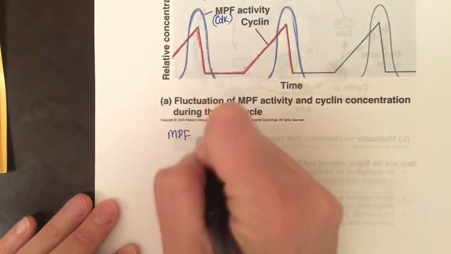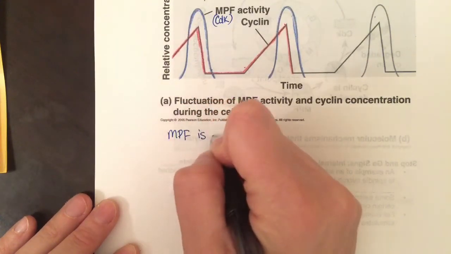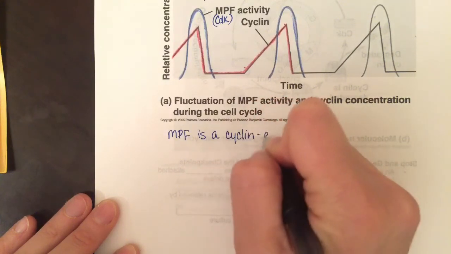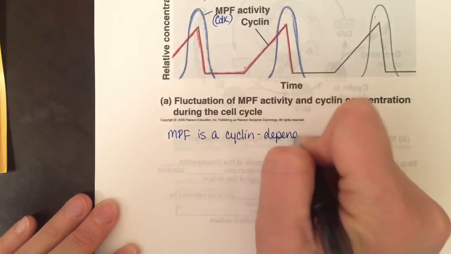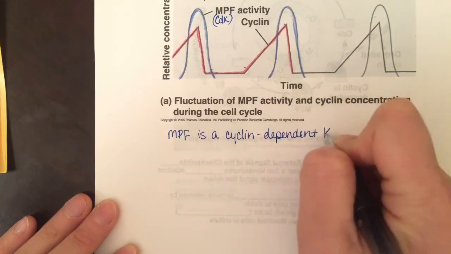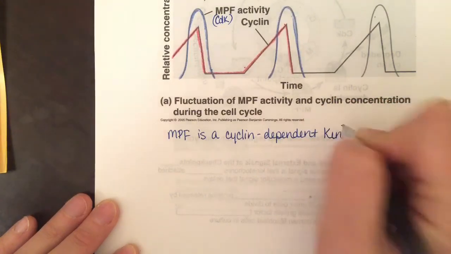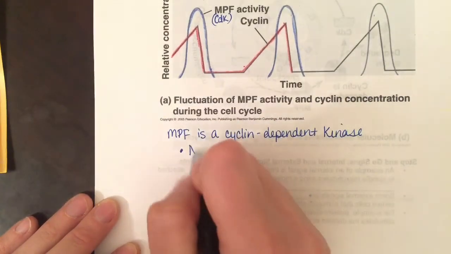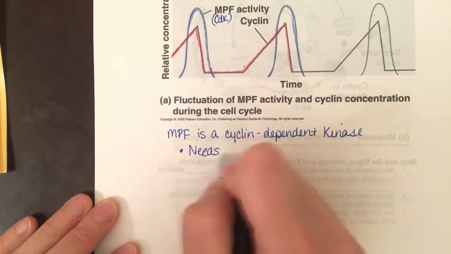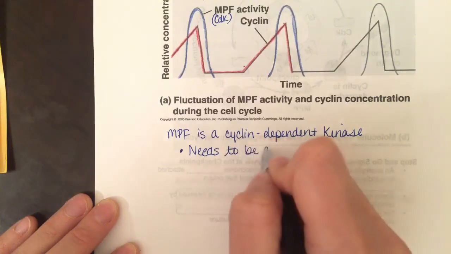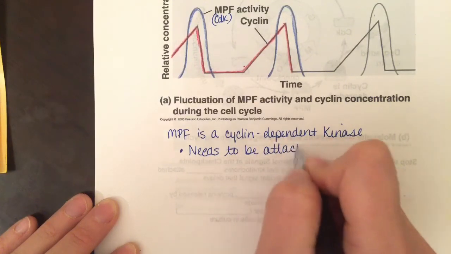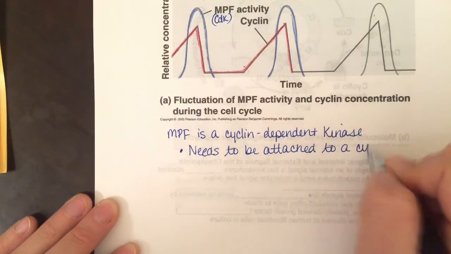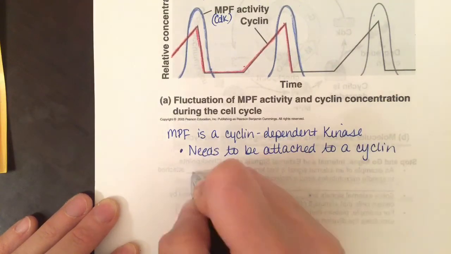So MPF is a cyclin-dependent kinase. Let's talk about what that means. So it needs to be attached to a cyclin to be active.